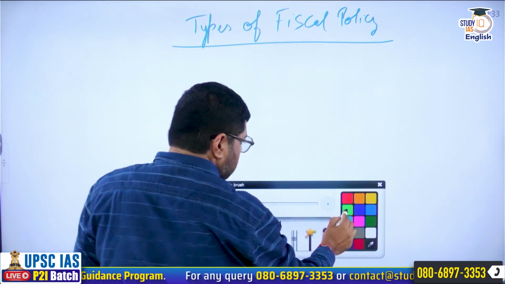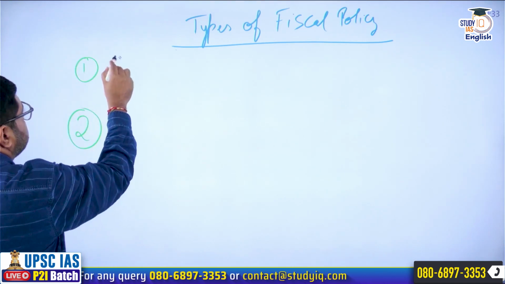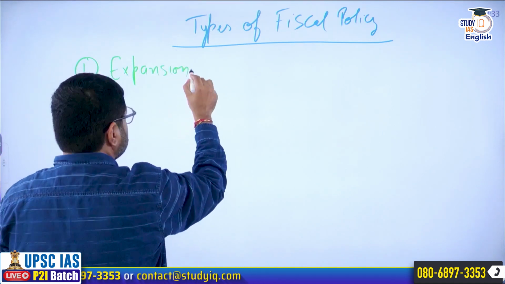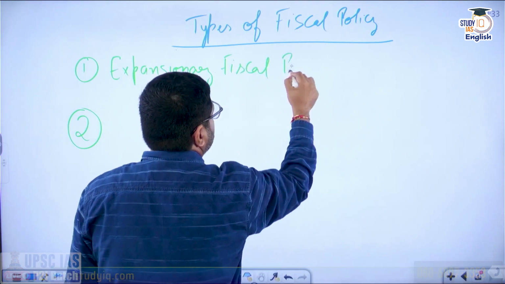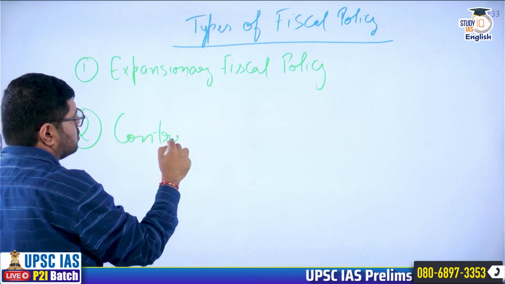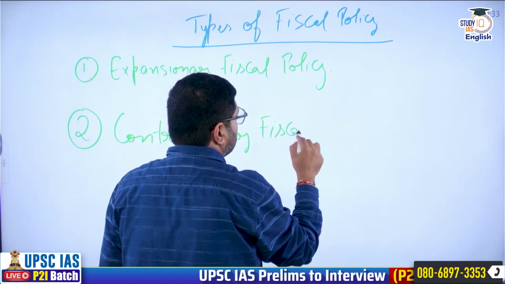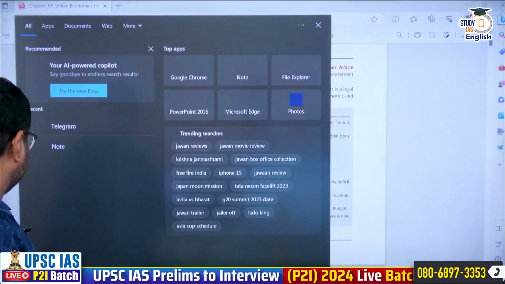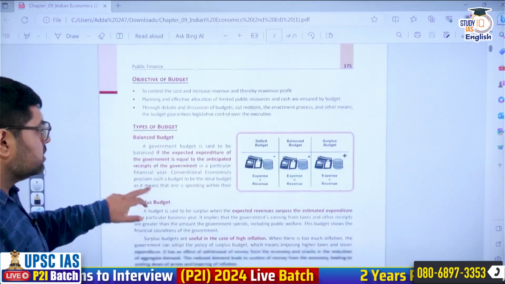There are two types: number one is expansionary fiscal policy, and number two is contractionary fiscal policy. You have to remember these two types.